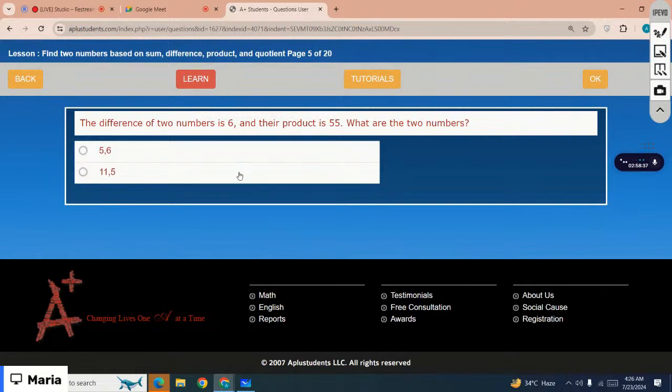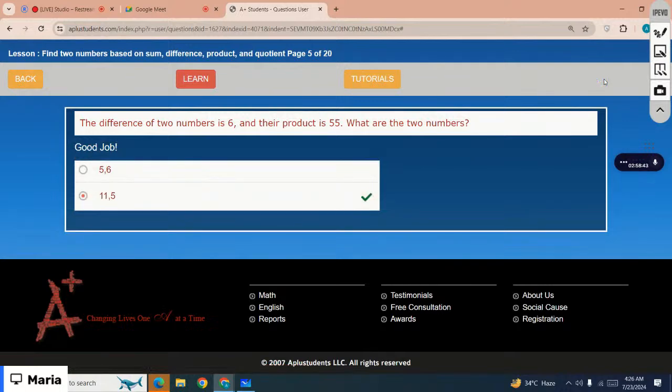Yes, that's option number 2. 11 times 5 is 55. And when you subtract, the answer is 6.